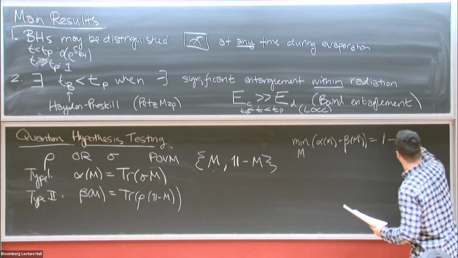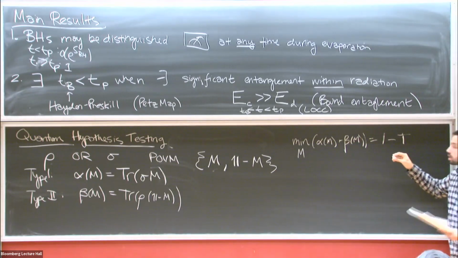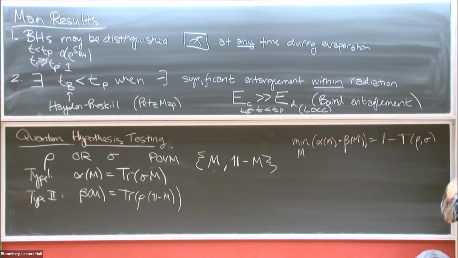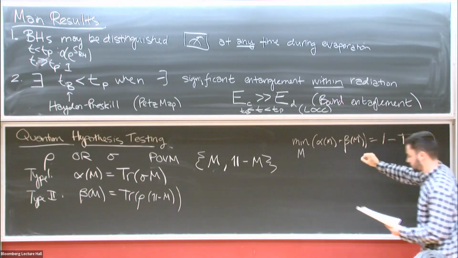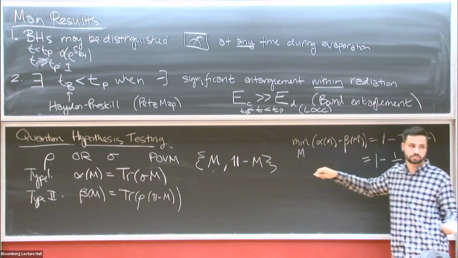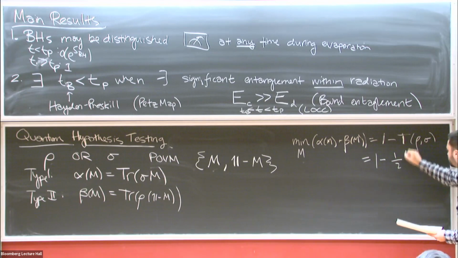And this can be shown to equal 1 minus the trace distance between these two states. And this is actually something that can be computed. So even this minimization process might seem hard, but it can be computed.